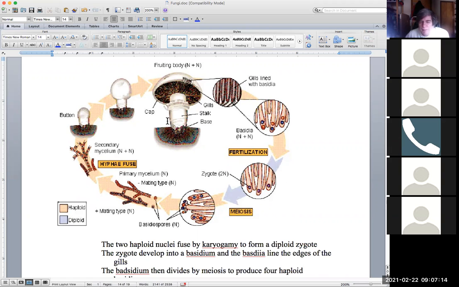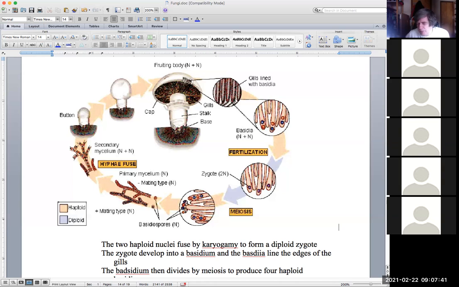So this part of the life cycle where we have the mushroom, the basidium, is really a very small portion of the life cycle. Most of the time, if you look at the body underground, you're looking at cells that are haploid.